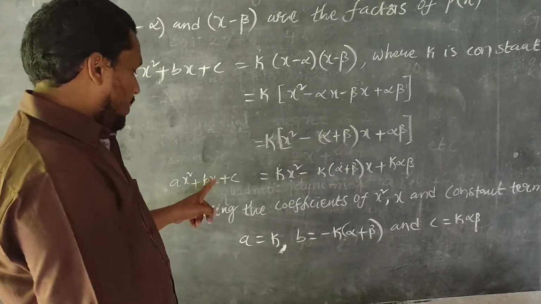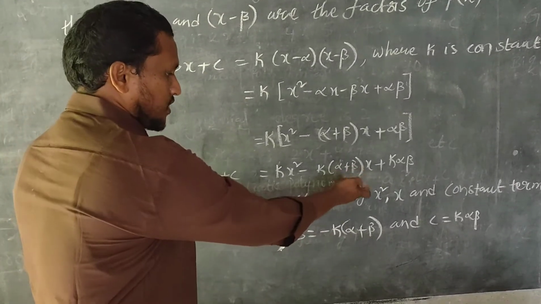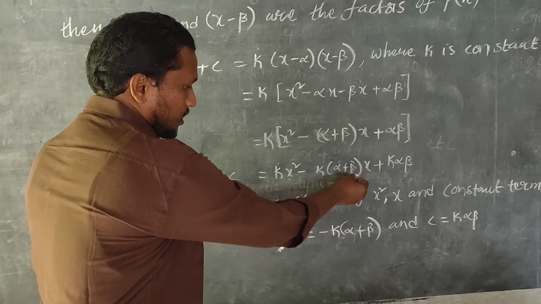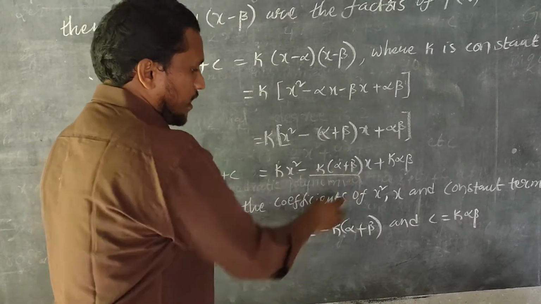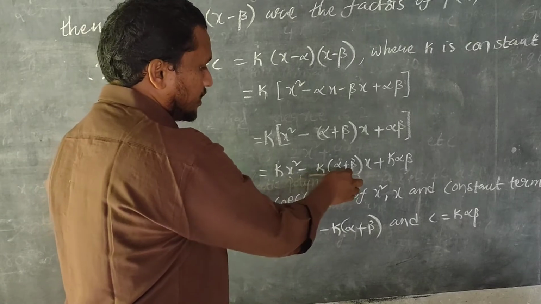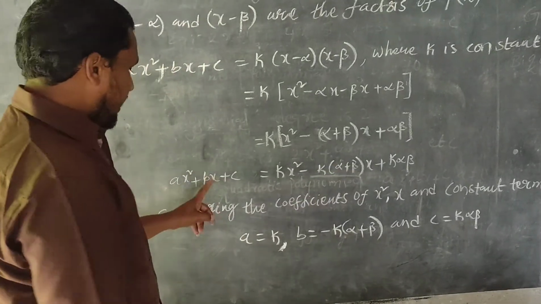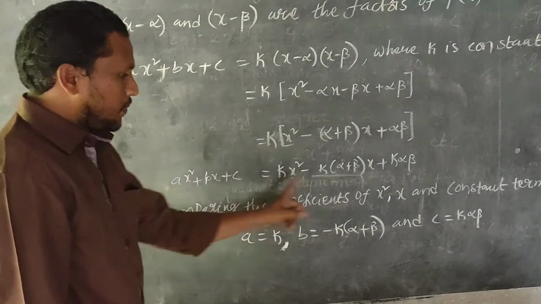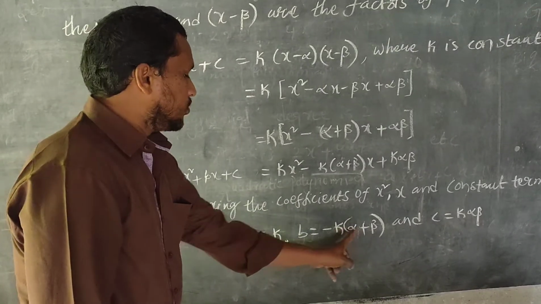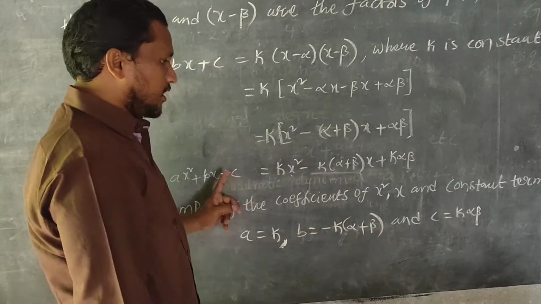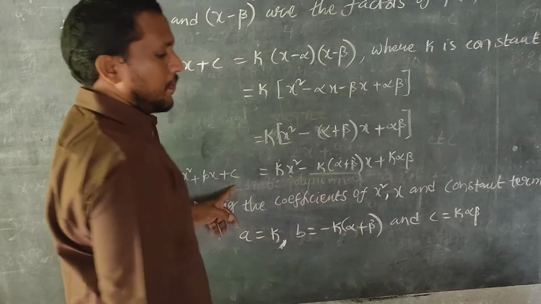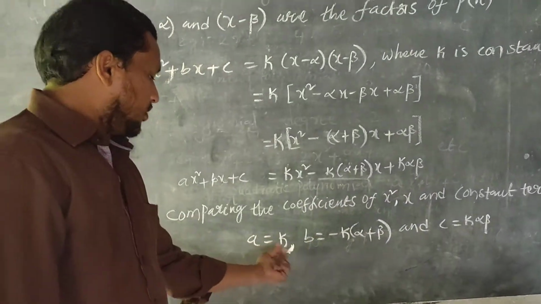Next, the coefficient of x: b is equal to minus k into (alpha plus beta), and the constant term c is equal to k alpha beta.